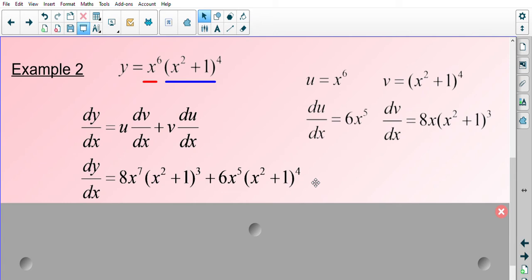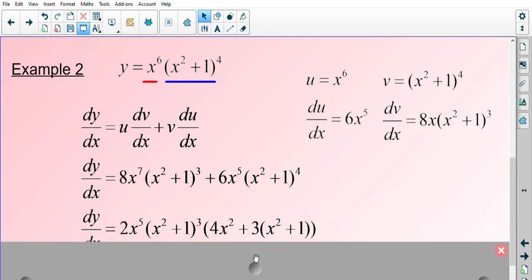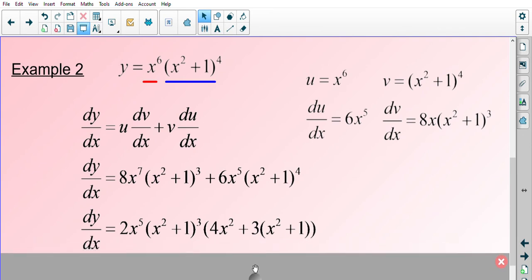Common factors, well, the good thing is, and you might be able to see it first, I can take a common factor of x squared plus 1 to the power 3 out. This has 3 lots of this bracket, this has 4, so I can take 3 lots of that out. I can also look here to see if I can take any common factor out, and I can take 2x to the power 5 out. So I'm going to take 2x to the power 5, x squared plus 1 to the power 3 out, leaving me on this side.